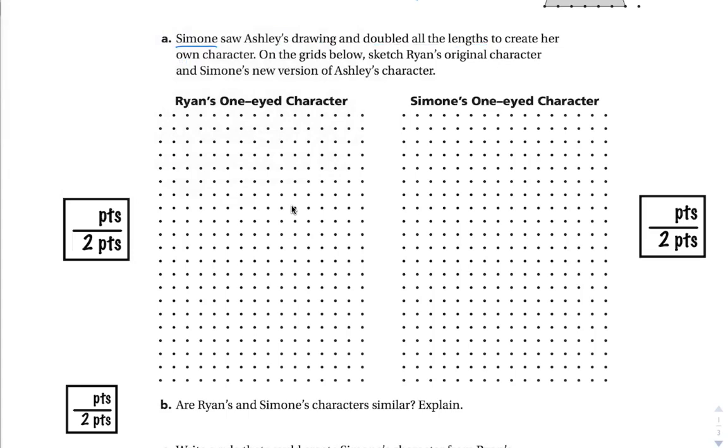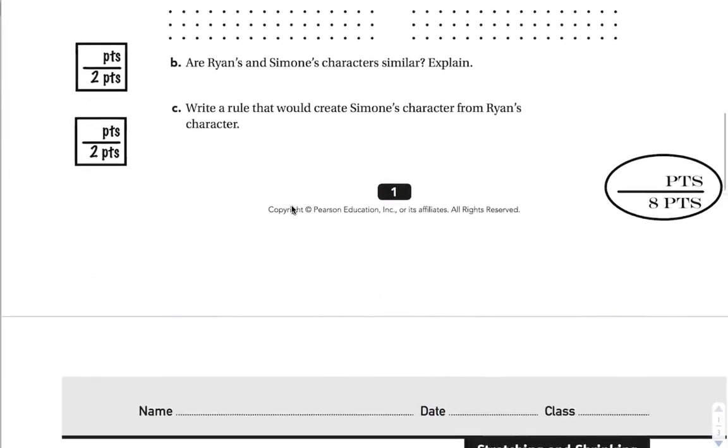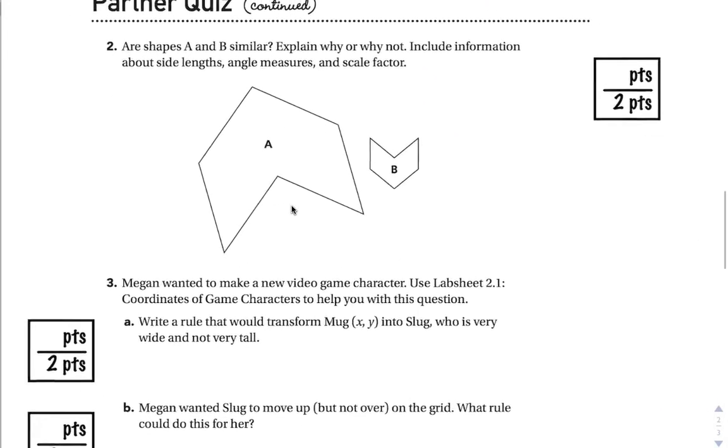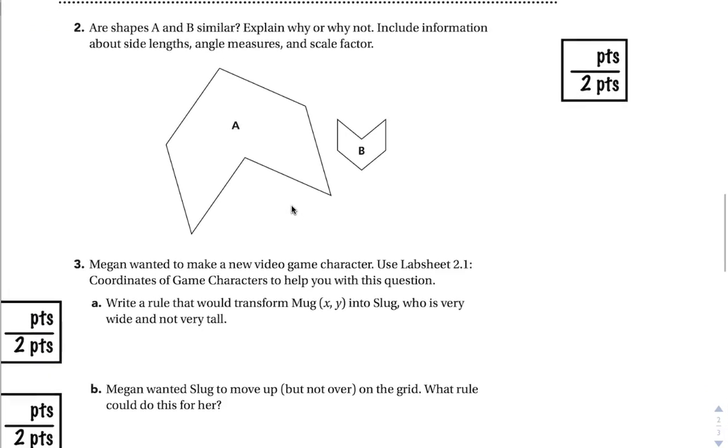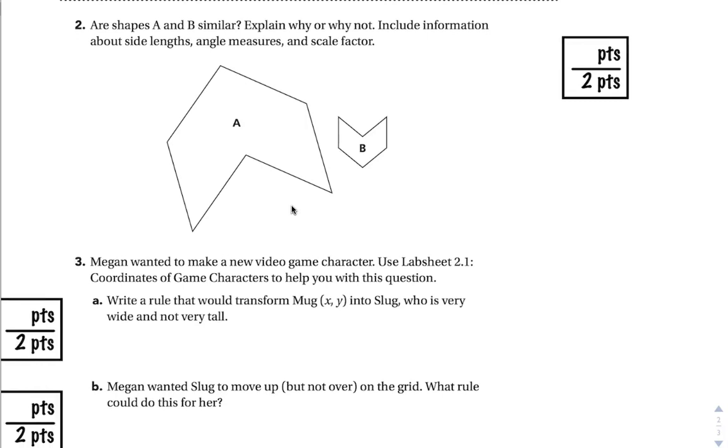All right. Down here where it says, are the shapes A and B similar? There should be protractors on your desk. There should be about 3 per table. You have to determine if A and B are similar, and why they are or aren't. Okay? Use your protractor if you need to.